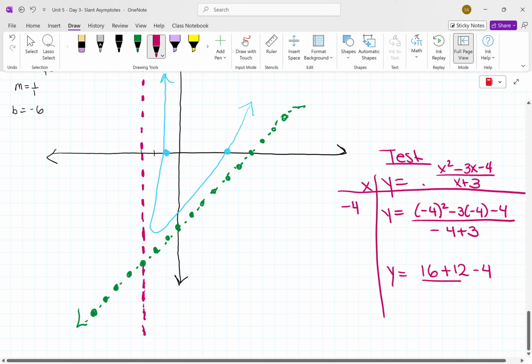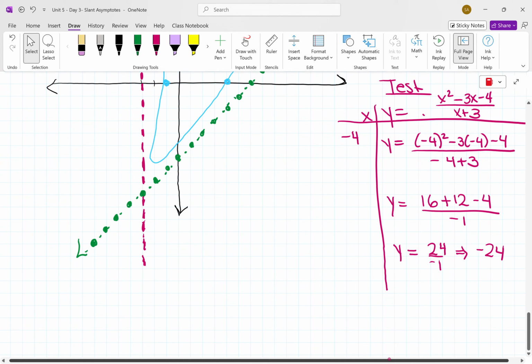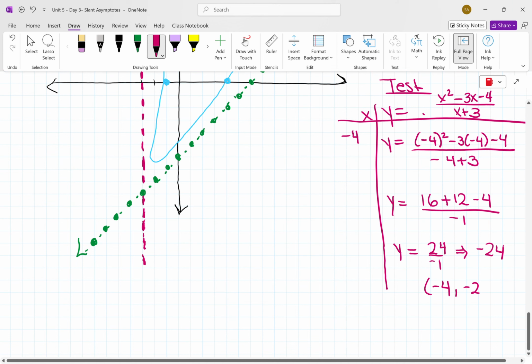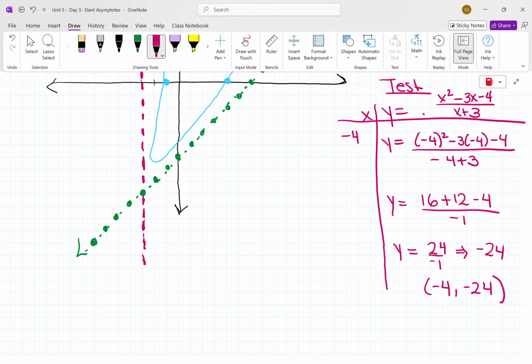So then we're going to have y is equal to 16 plus 12 minus 4 over negative 1. So we will have y is equal to 24 over negative 1, which is negative 24. So this is the point negative 4 comma negative 24.